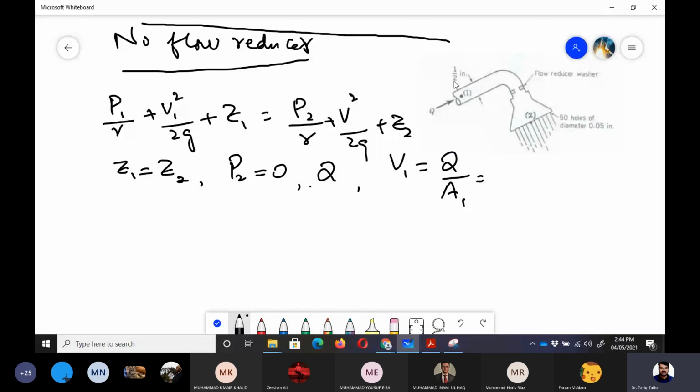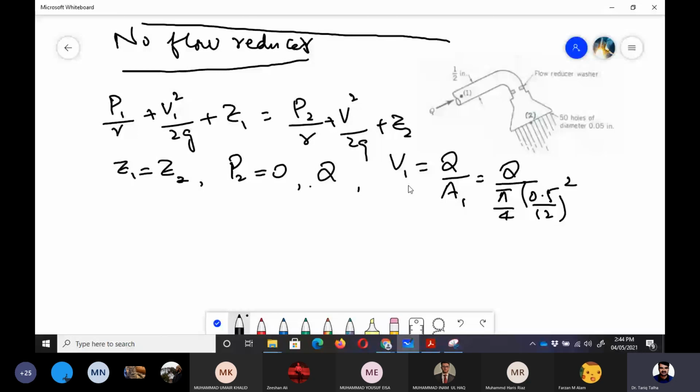That is pi by 4 into 0.5 over 12, if we want to deal in feet. So V1 equals Q upon pi by 4 times (0.5 over 12) squared. Now the velocity would be in feet per second if Q is also in cubic feet per second. So that is the value of V1.